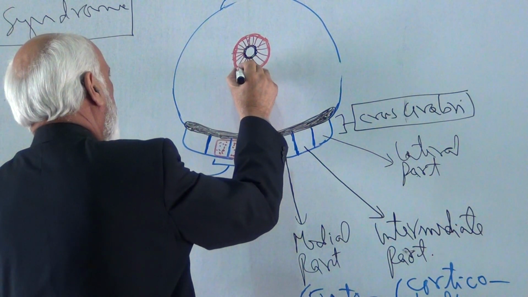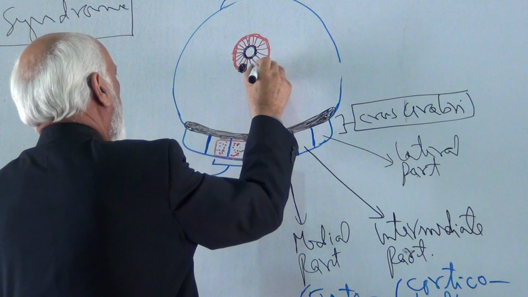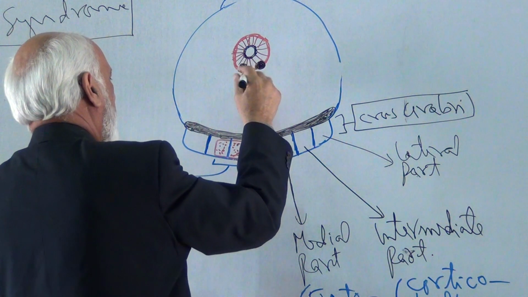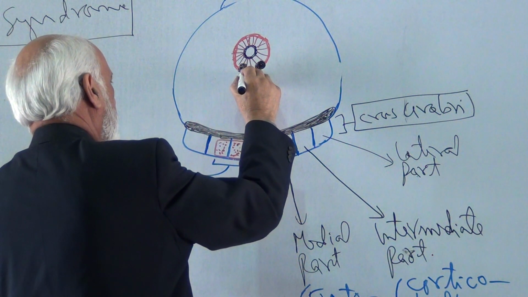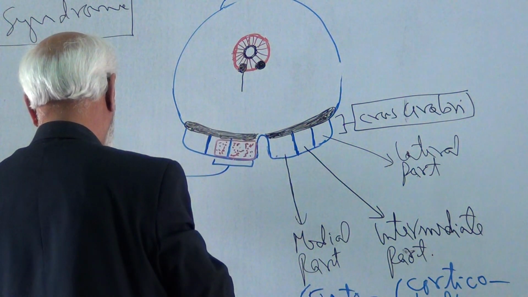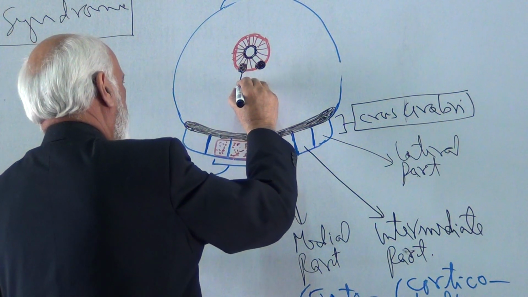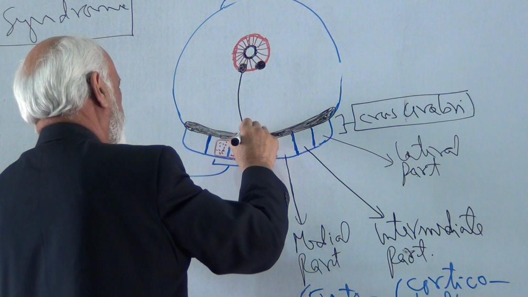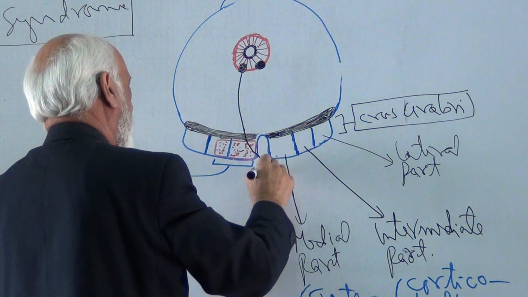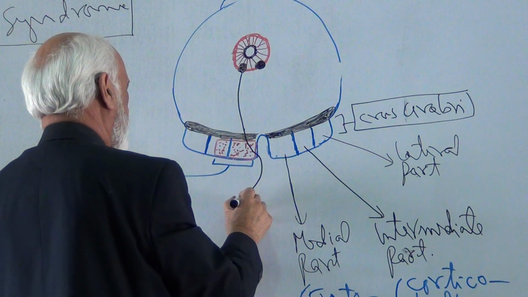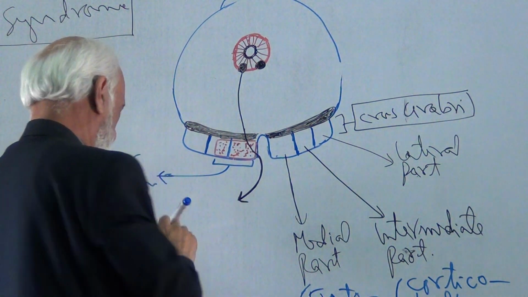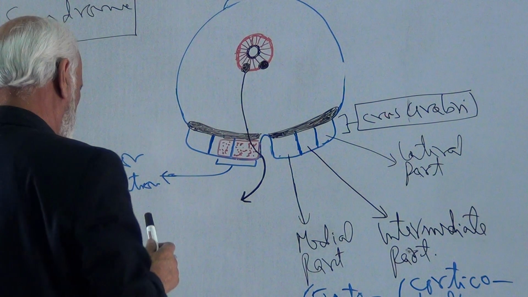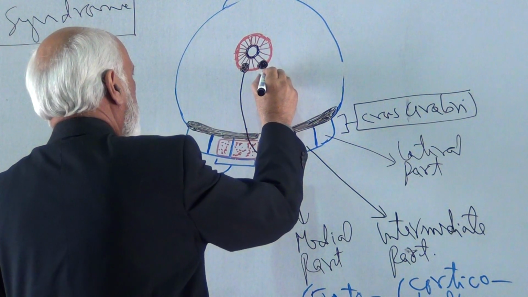Here in the central gray matter are the oculomotor nerve nuclei, one on each side, from which the oculomotor nerves arise, which traverse through the medial part of the red nucleus, substantia nigra, then the medial part of the crus cerebri on each side.